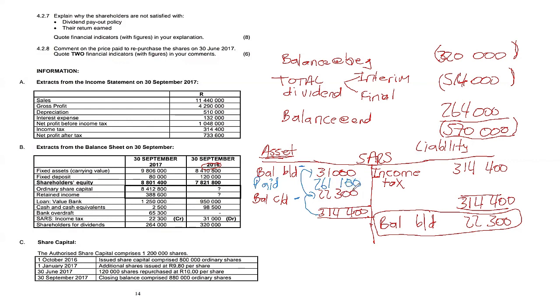Now you also have another way of calculating your taxation paid, according to your formula. Remember, when you do SARS as a note, it's going to be balance at the beginning for tax. You also have income tax, and then you also have balance at the end.